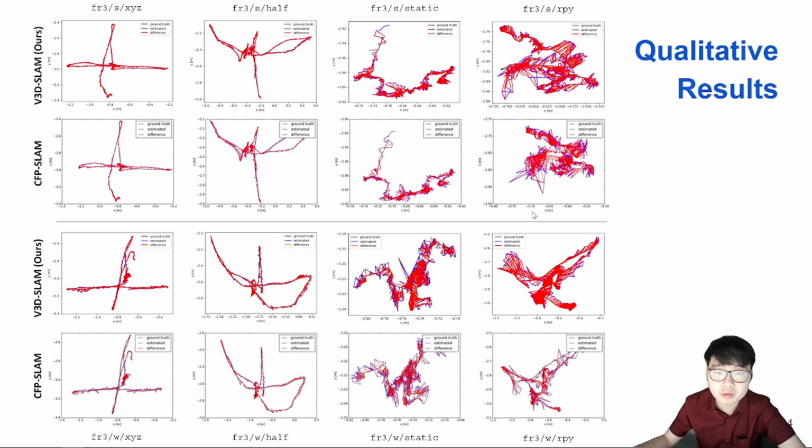First, we achieve relatively the same trajectory as CFP-SLAM does. However, for some sequences we did not perform as well. For example, on the static and the RPY sequences, we have relatively more errors compared to the ground truth.